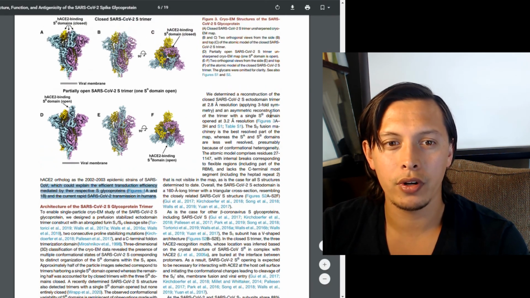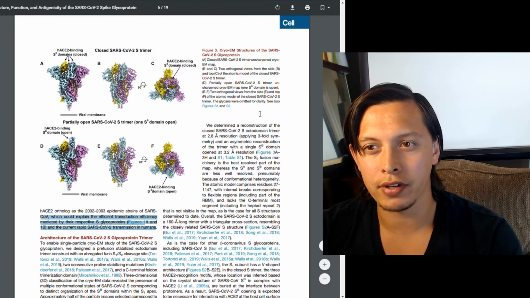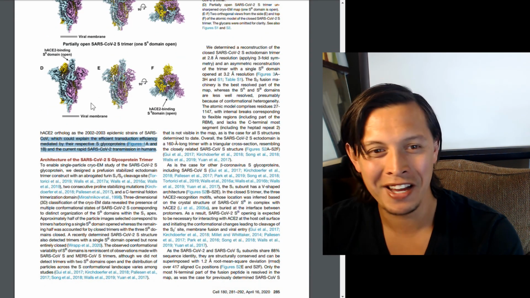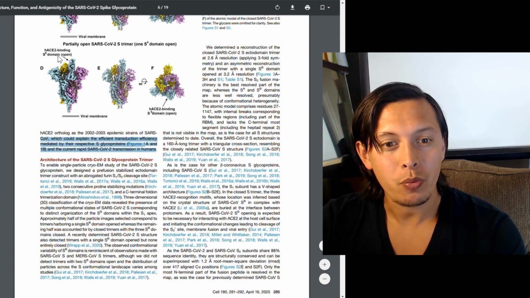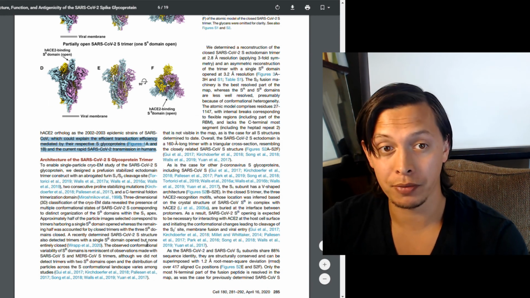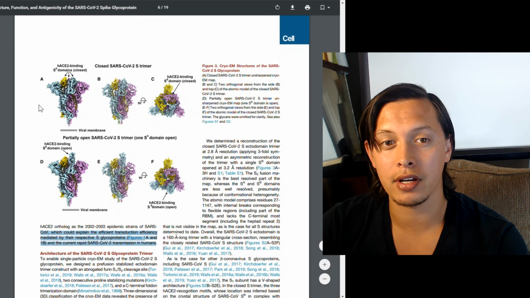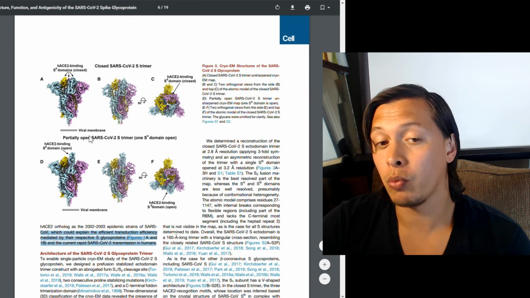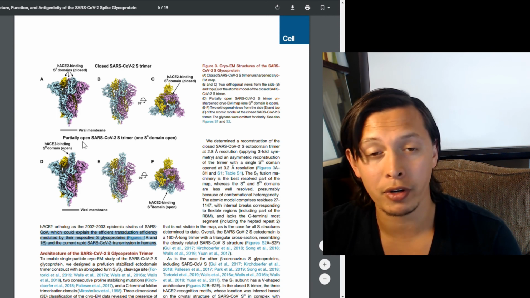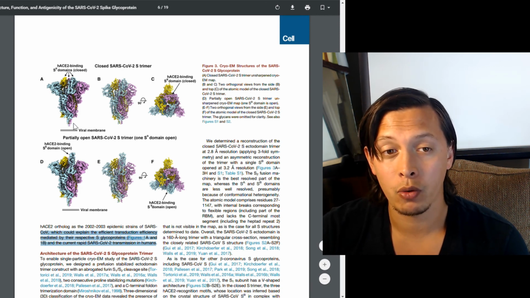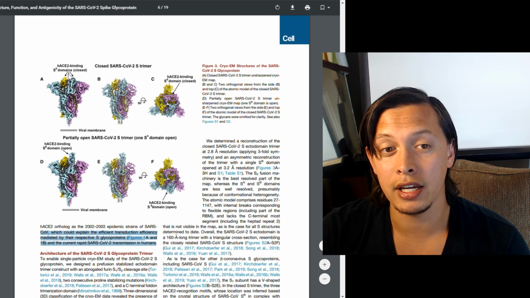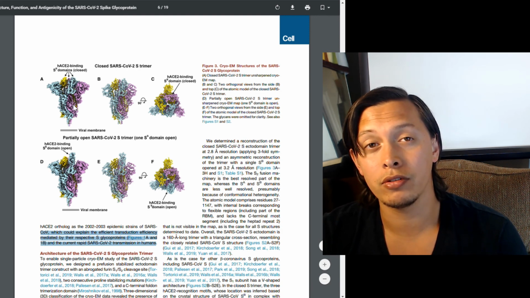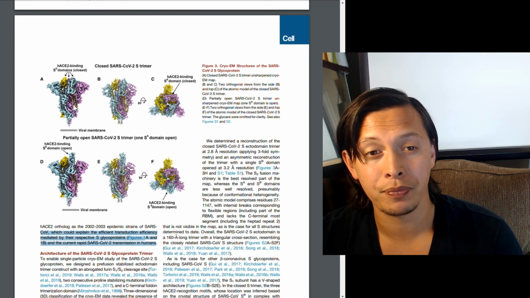So the next part of this paper, and man, it takes a long time getting through papers, is going to talk about the architecture of the SARS coronavirus 2 trimer. And what they did here, I'll just do a quick preview. They took the outside domain of the new SARS coronavirus spike, and they did a few mutations.